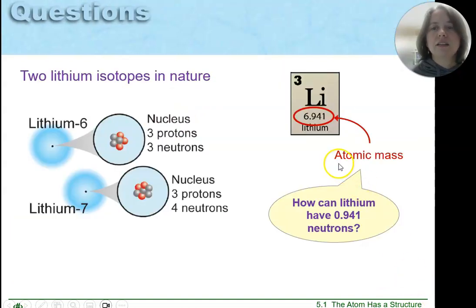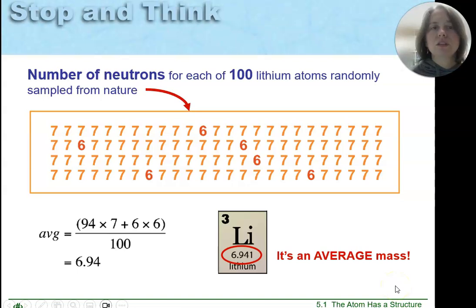Looking at our atomic mass, we can see that for lithium, there's lithium 6 and lithium 7. Lithium 6 would have 3 protons and 3 neutrons, whereas lithium 7 would have 3 protons and 4 neutrons. But why does it say 6.941? You can't have 0.941 neutrons. What's happening here is that it's an average.